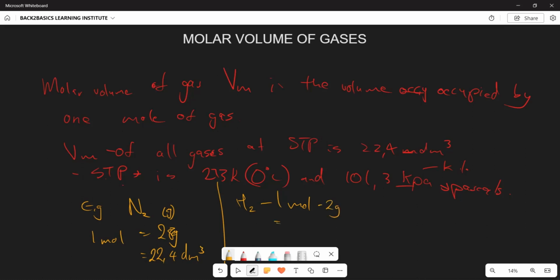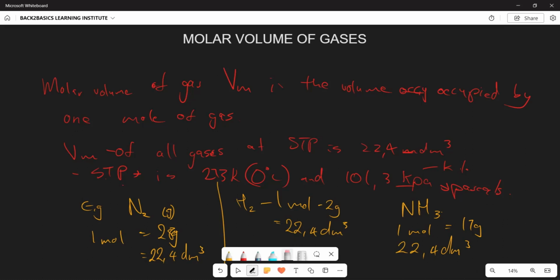As long as it's still 1 mole, it is going to occupy the 22,4 decimeter cubed of volume. Similarly, for NH3, 1 mole of it is given by 17 grams, and it is also still going to occupy 22,4 decimeter cubed of volume. So these are some of the things that you need to consider.